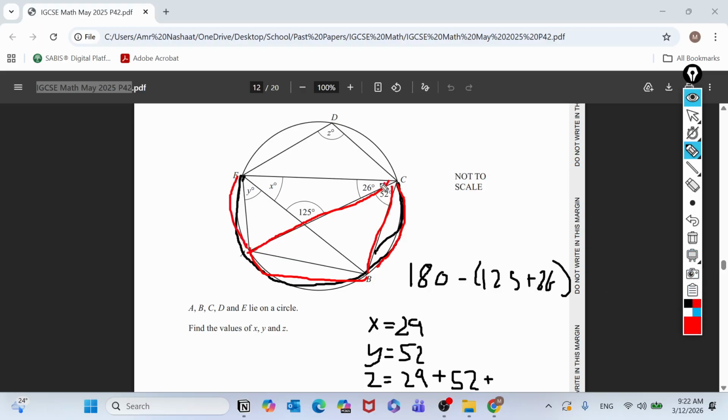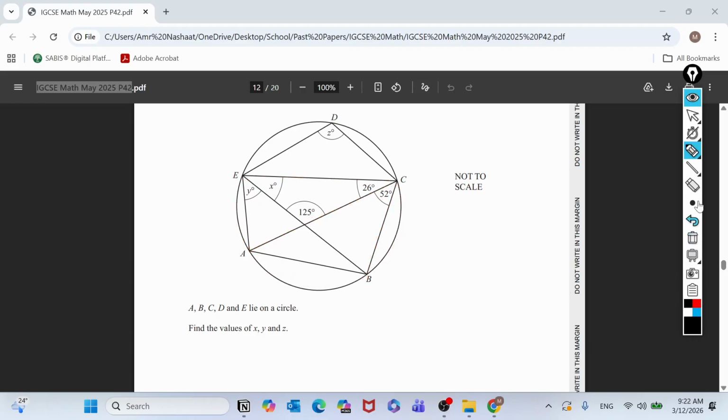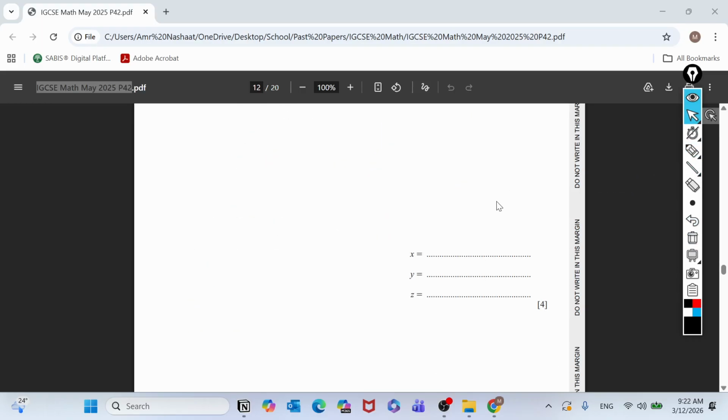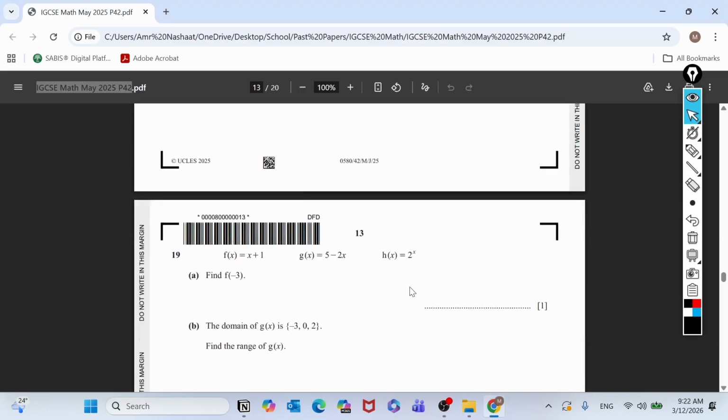And what covers this side? The 26. So plus 26. So z equals 107. Okay, 29, 52, and 107.